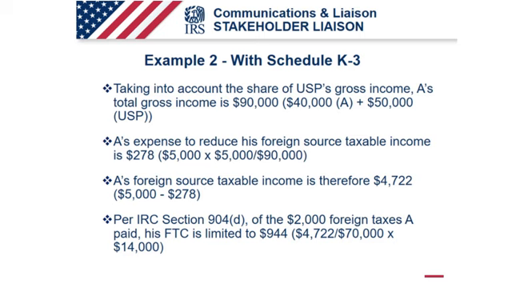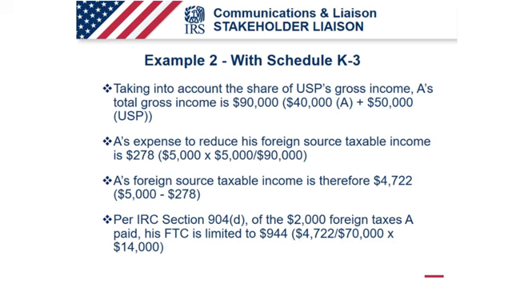So now, when A goes to calculate their foreign tax credit limitation under Section 904, as we explained before, they multiply the total U.S. liability times the fraction that is foreign source income over total income.